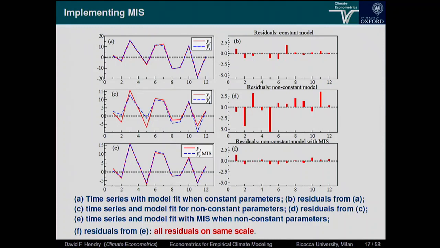At observation 5, you get the biggest residual, even though the break is at 7, right? It's interesting if you fit the constant model, that's where the biggest residual occurs, because the parameter, of course, is neither 10 nor 5. It's something in between, being a weighted average, and that causes the biggest discrepancy at observation 5, and you can see that here.